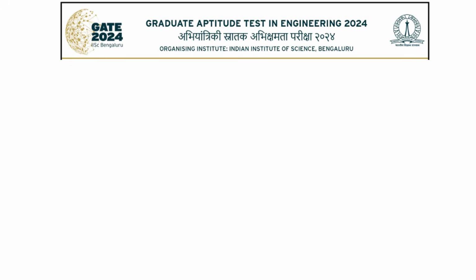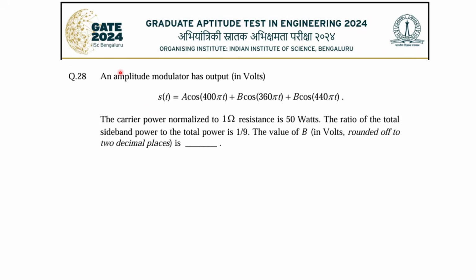This GATE 2024 is organized by IISc Bangalore only. The question is: an amplitude modulator has output in volts, s(t), the amplitude modulated wave, that is A cos 400 pi t plus B cos 360 pi t plus B cos 440 pi t.